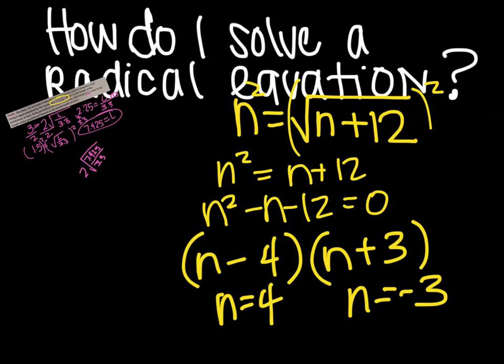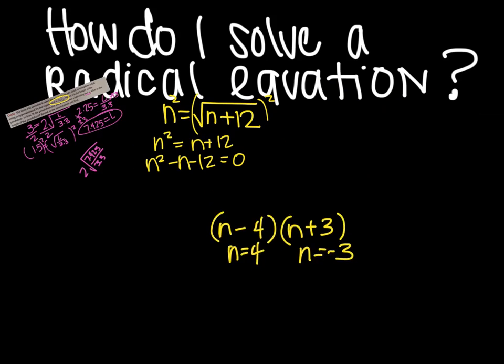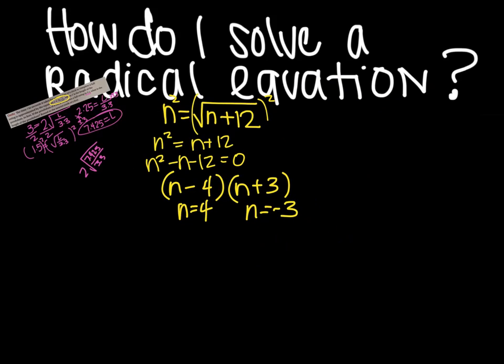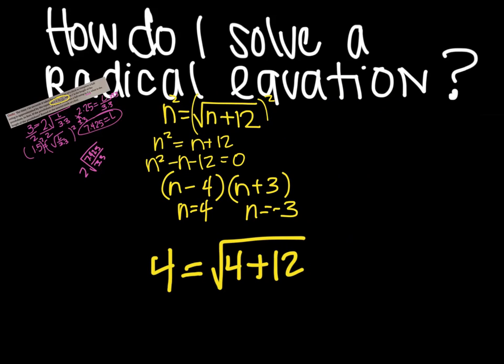Now you need to check both of these as a possible solution. And what's going to happen is that one of them doesn't work. So when I substitute in 4, so 4 equals square root of 4 plus 12, that's going to end up giving me 4 equals 4, which is true.